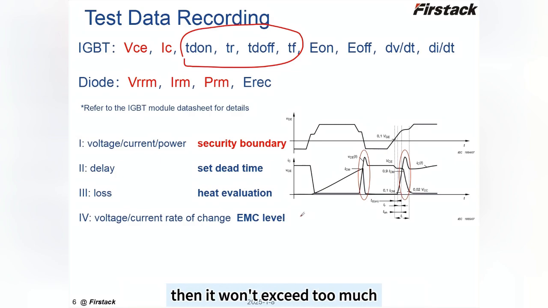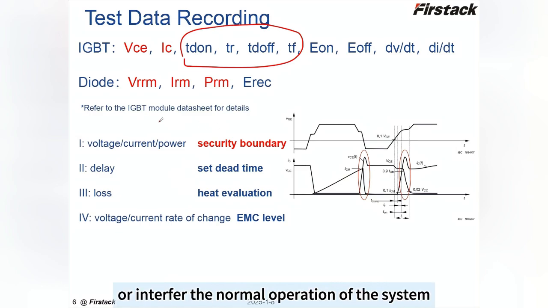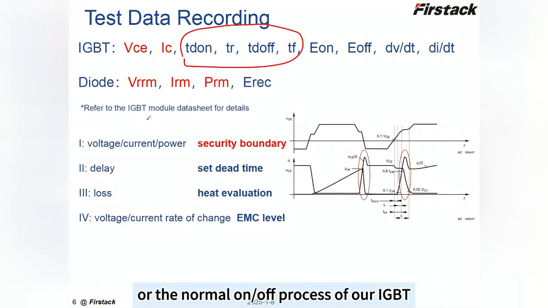It won't exceed too much, but if it exceeds too much, then your EMC may influence or interfere with the normal operation of the system or the normal on and off process of our IGBT.